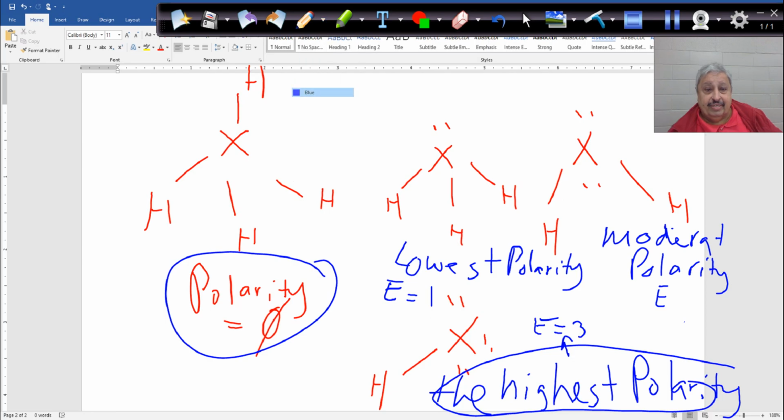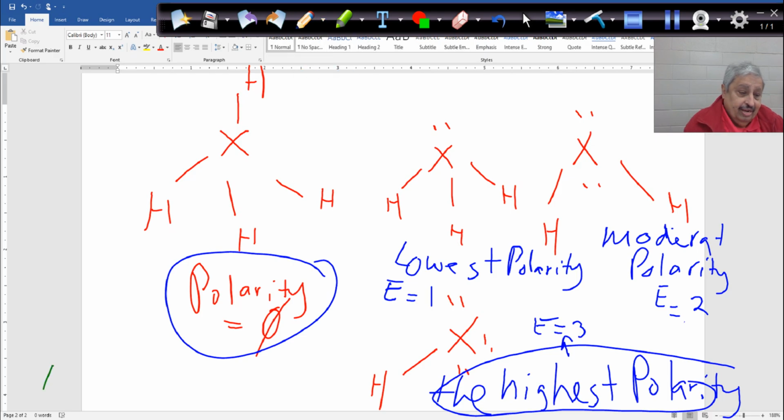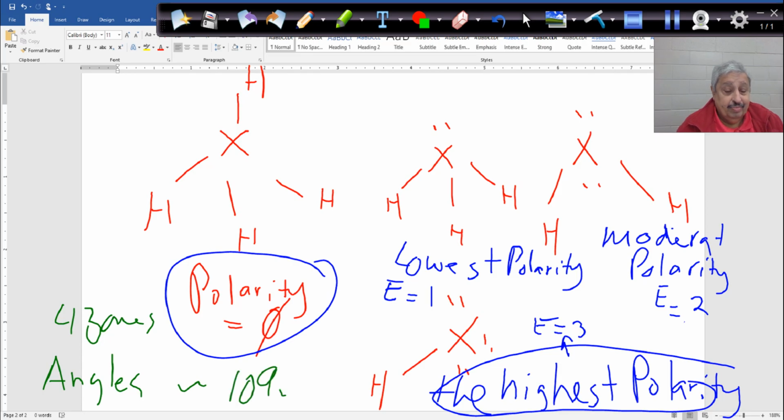Let's look at something from another point of view. This is 2. Now, if this is 4 regions, we are looking at the angles. Let's take another color and look at the angle here. Because these are 4 zones, the angle here will be around 109.5 degrees.